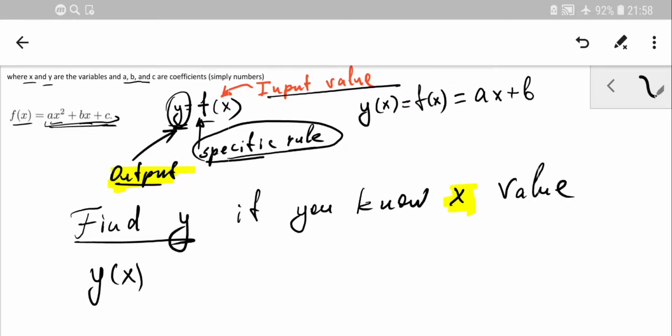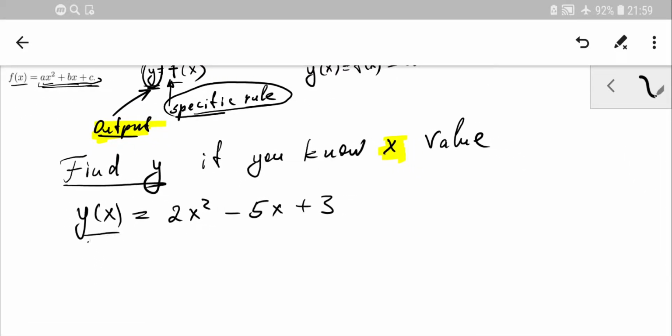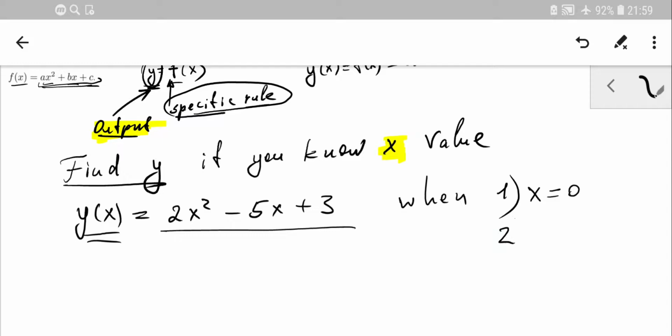Let's say we have our function to be 2x squared minus 5x plus 3. We need to find the y value for the function set up by this specific rule, 2x squared minus 5x plus 3, when, let's say, the first input value x is 0, and the second input, x equals 3.